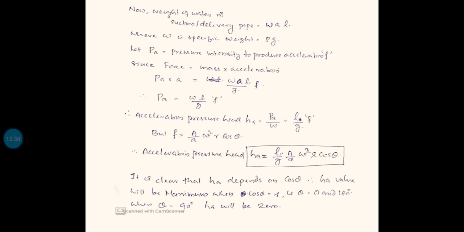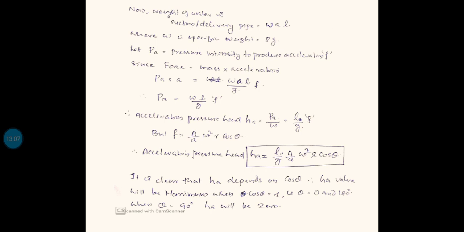If you look closely at this equation, it is clear that HA depends on the value of cos theta. HA is directly proportional to cos theta. So the HA value will be maximum when cos theta is equal to 1. Only when the cos theta term becomes 1 will HA have its maximum value. So HA max will be L by g A by a omega square R. When cos theta is equal to 0, the HA term becomes 0.